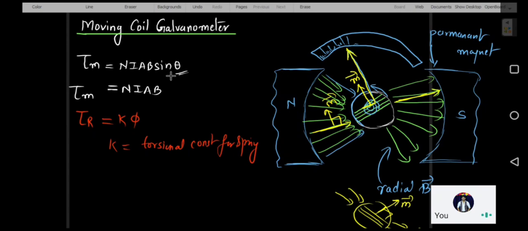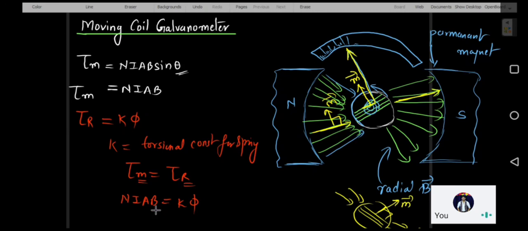As we know, the main torque applied by the magnetic field will be equal to this restoring torque, so you can equate both of them. So tau m, the torque due to the magnetic field, will be equal to the restoring torque. Just equate the two and you will get NIAB equal to K multiplied by phi.